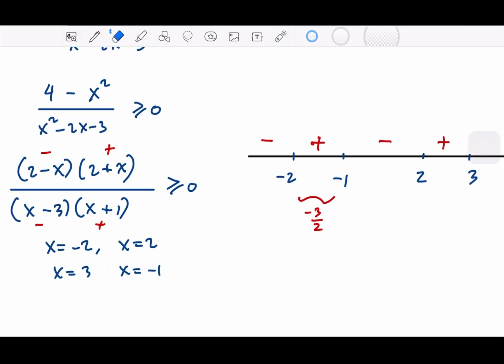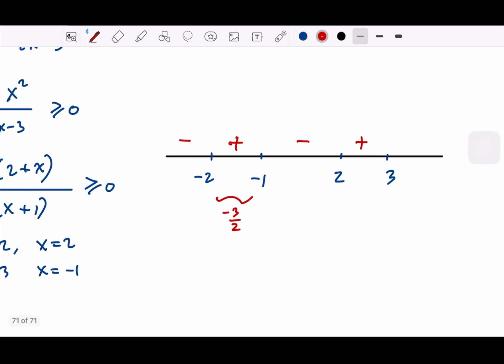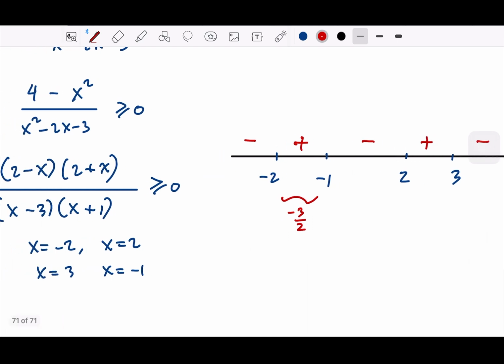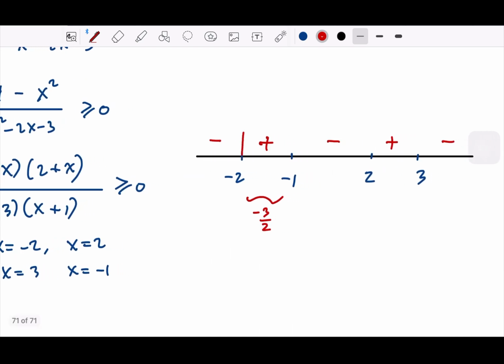And then we could try 4. It's also negative. So negative, positive, negative, positive, negative. So based on what we have, we should take these into our solutions.